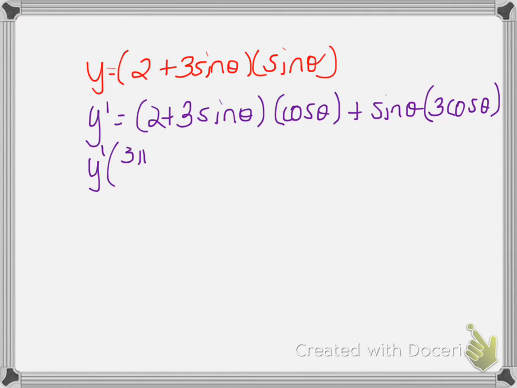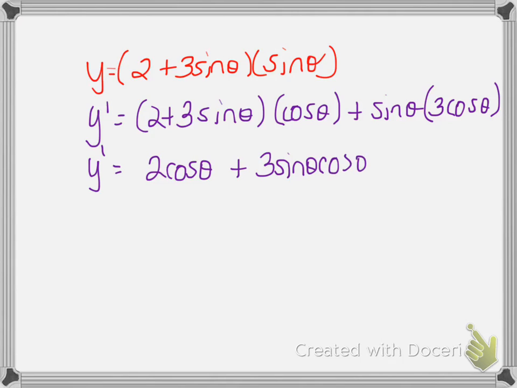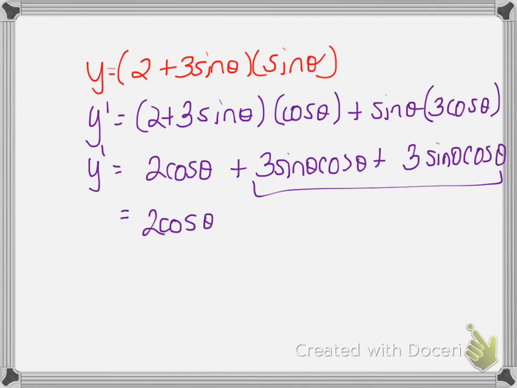So at 3 pi over 2 again, well, it'll be easier to simplify. Sometimes it needs to be and sometimes it doesn't, but I'm going to go ahead and simplify. 2 cosine theta plus 3 sine theta cosine theta plus 3 sine theta cosine theta. You could combine that if it just asked what the derivative was and it was looking at multiple choice. That's how you would do that.